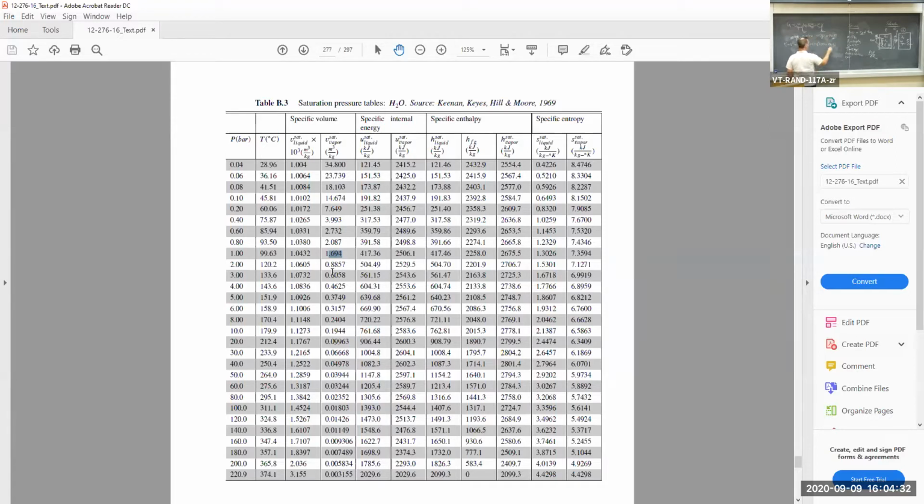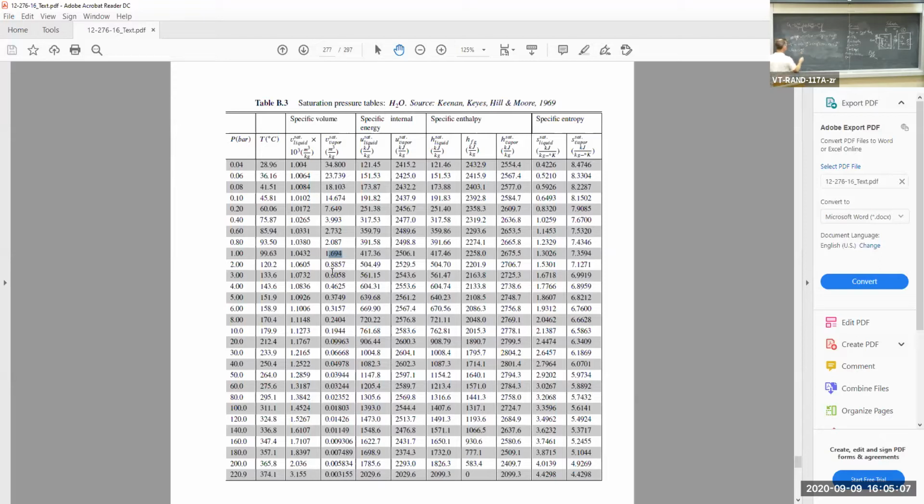I'm going to get a little lazy here. The 1 times 10 to the minus 3 is so small in both these terms that I'm going to neglect it and immediately calculate 0.25 times 1.694, and I get 0.423 cubic meters per kilogram.